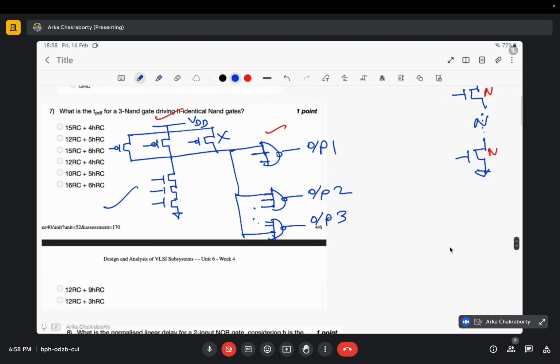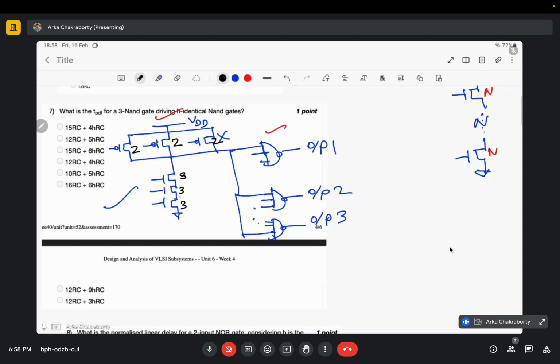Now what are the capacitances that are involved? Let me draw them. Here I'll be getting a capacitance of 3C. Let me first do the sizing. So it should be 3, 3, 3.